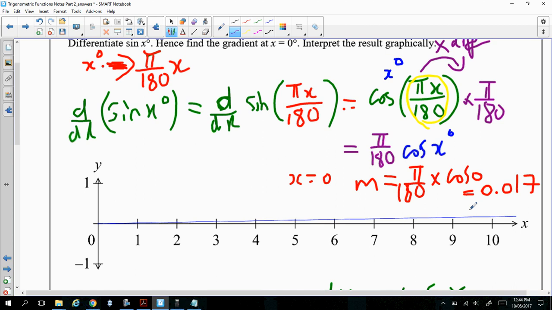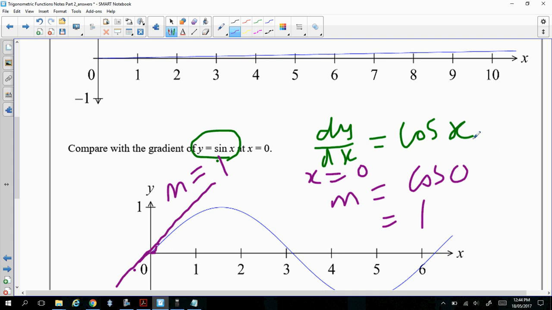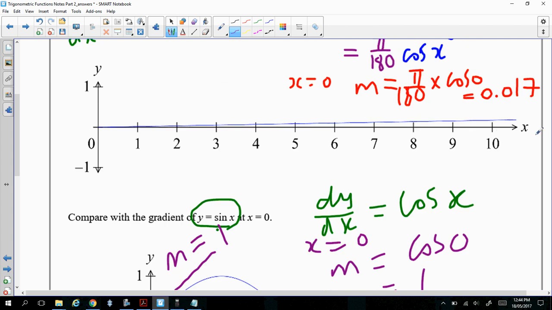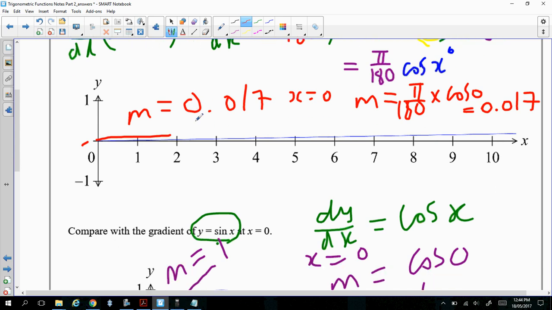That's another reason why we don't differentiate in degrees, because the graph will look very big horizontally. Whereas when it's in radians, the gradient is exactly 1. That's why we have radians.